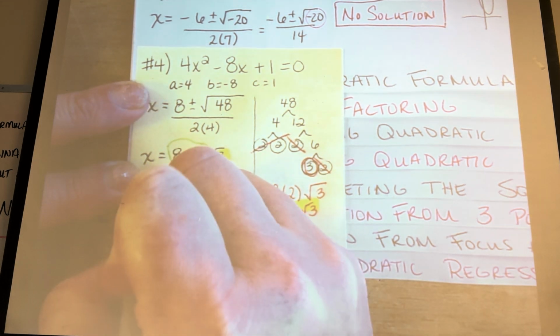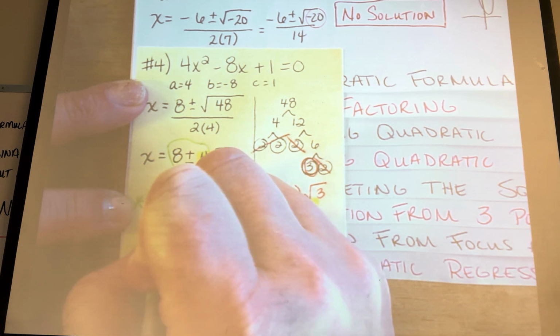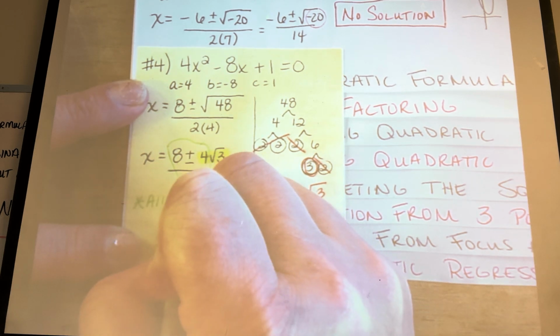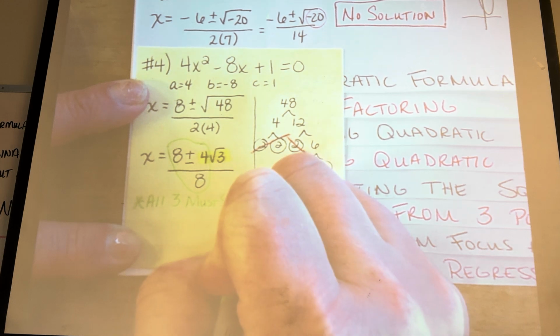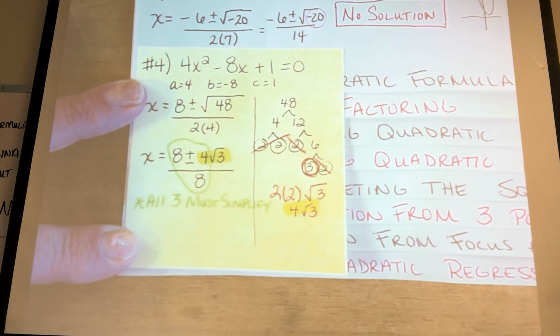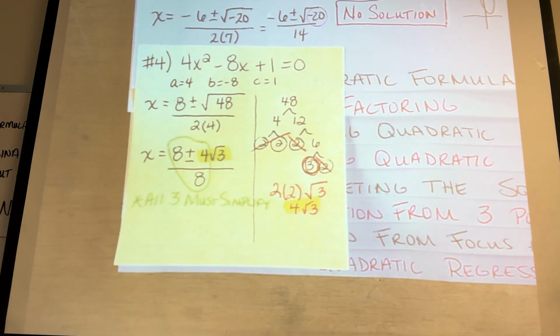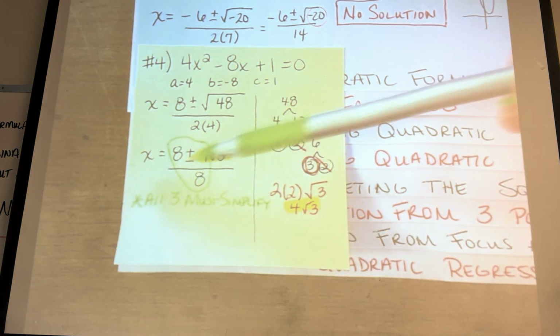So if you need to write yourself a note, all 3 must simplify. Okay, all three must simplify. Now, you don't use what's under the square root, only the numbers in front.